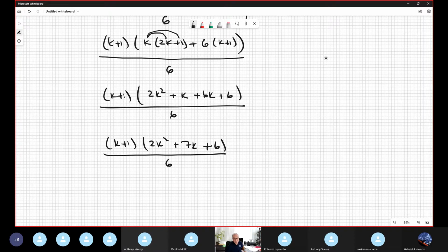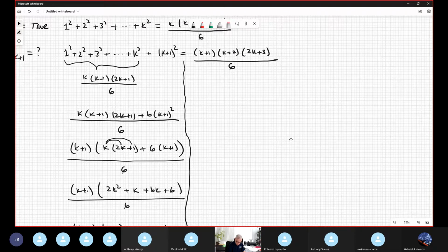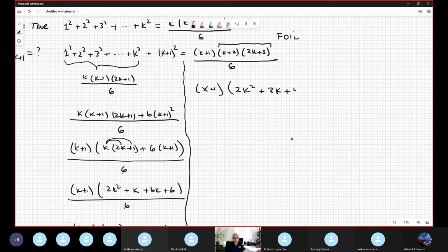You can continue if you want, but no. I suppose it's much better to manipulate the right hand side until you get an identity or not. So in the right hand side, I propose you FOIL this. You FOIL. So I have k plus 1, and the multiplication is 2k squared plus 3k plus 4k plus 6 divided by 6.